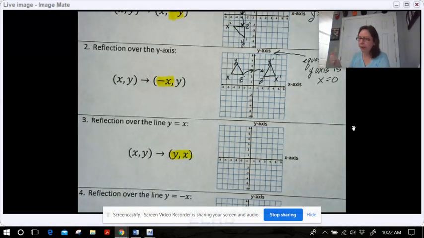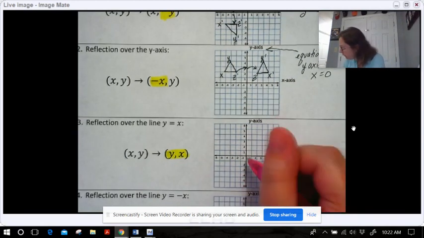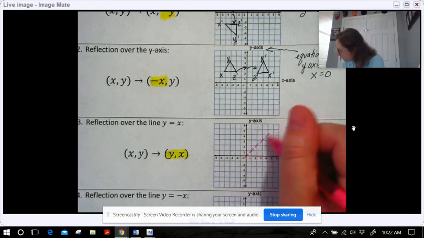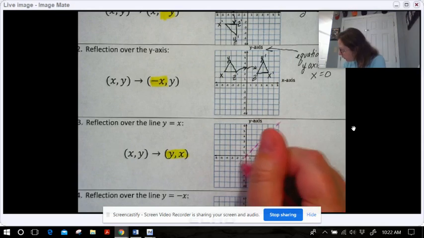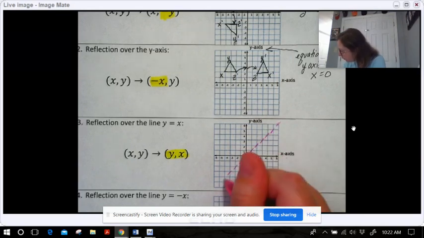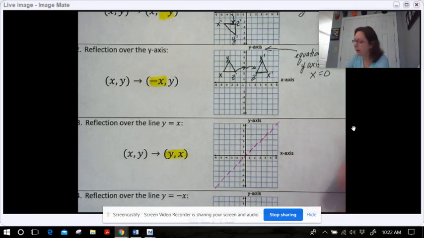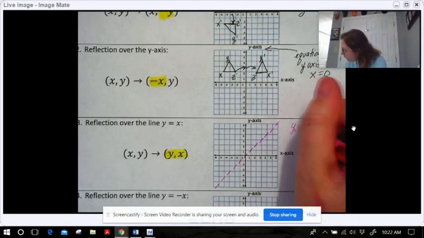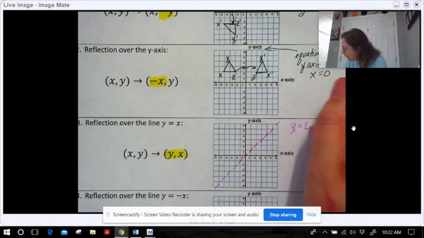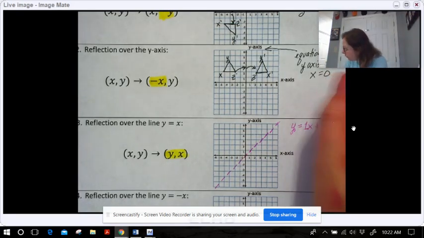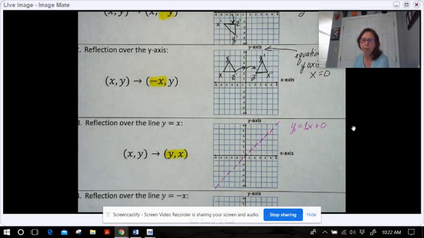And I'm going to use pink to draw the line y equals x in a dotted line. It is this diagonal. So remember, if you graphed the line y equals x, the slope would be 1, up 1, right 1, up 1, right 1, and the y-intercept is at 0. So I'm just going to remind you of those, okay?